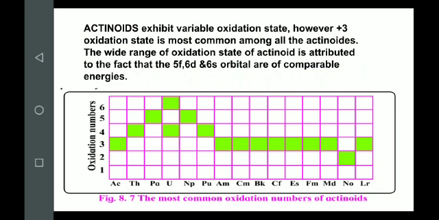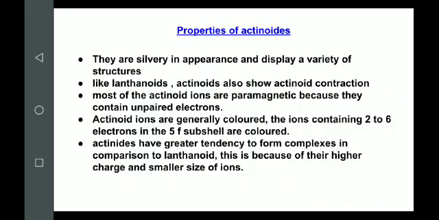So the electrons from all these orbitals may take part in any reaction or bond formation, resulting in the variable oxidation states. Among these, +3 is the common oxidation state shown by most of the actinoid elements.